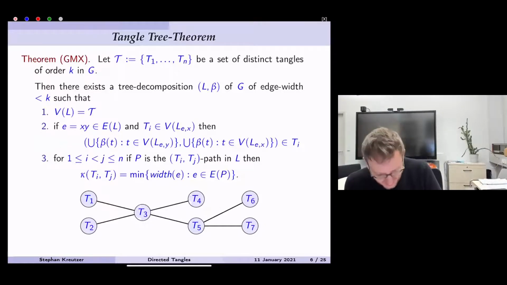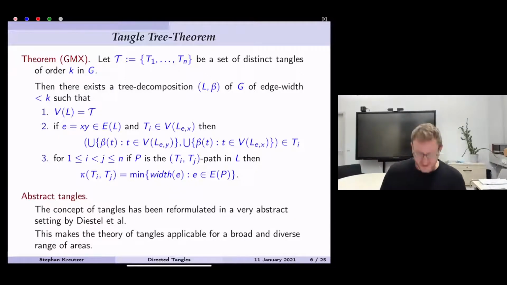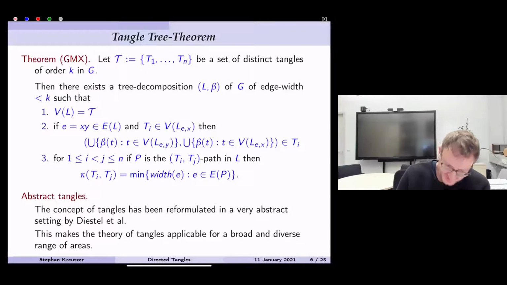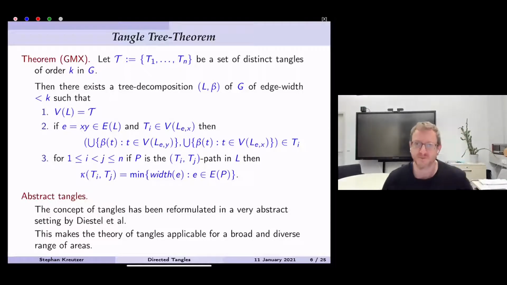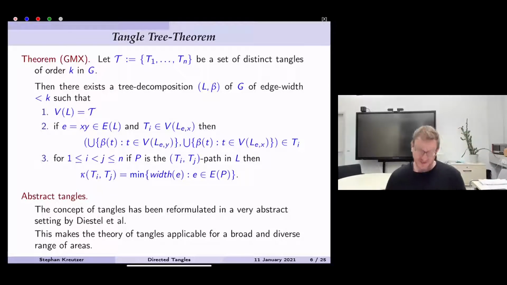And now, of course, we want to do the same thing for directed graphs. A side remark, which we hoped for a while that we could use: these are tangles for just undirected graphs, but then Diestel and his group, in a fairly long series of papers, managed to vastly generalize this idea of tangles and redefine it in a very abstract setting, abstract separation systems, and got the same results, so tree duality between tangles and tree decompositions.